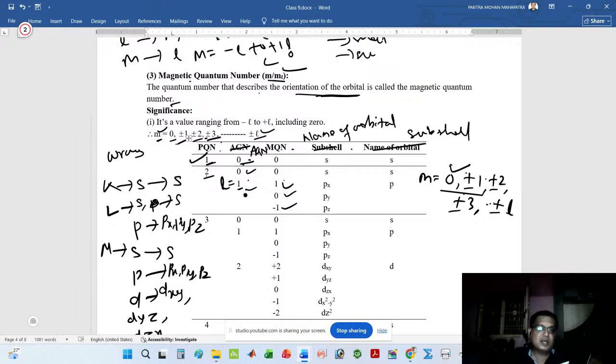Suppose you think about principal quantum number 3. If the principal quantum number is 3, then it has 3 azimuthal quantum numbers 0, 1, 2. 0 is written as 0. For the value 1, 0 plus or minus 1: 1, 0, minus 1. For the value azimuthal quantum number L is equal to 2, plus or minus 2 is written. That means 0, plus or minus 1, plus or minus 2. So I have written plus 2, plus 1, 0, minus 1, minus 2.